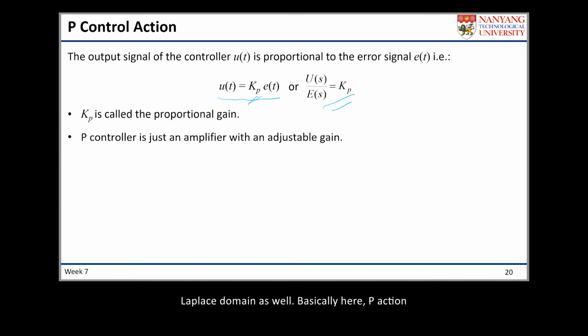So basically here, the P action is just an amplifier. It's just to amplify the error to get the U, the action of the controller. Kp is adjustable, so this is the parameter of your proportional controller, the only parameter in this proportional controller that you have to design. Okay.